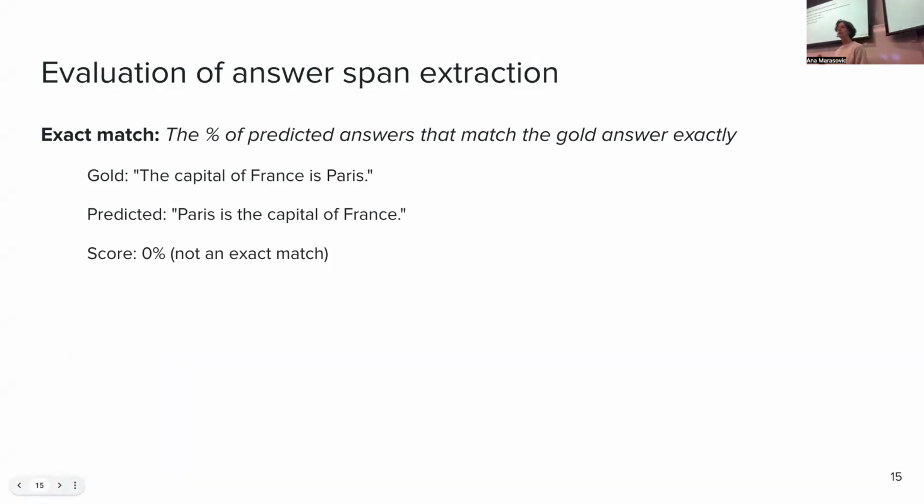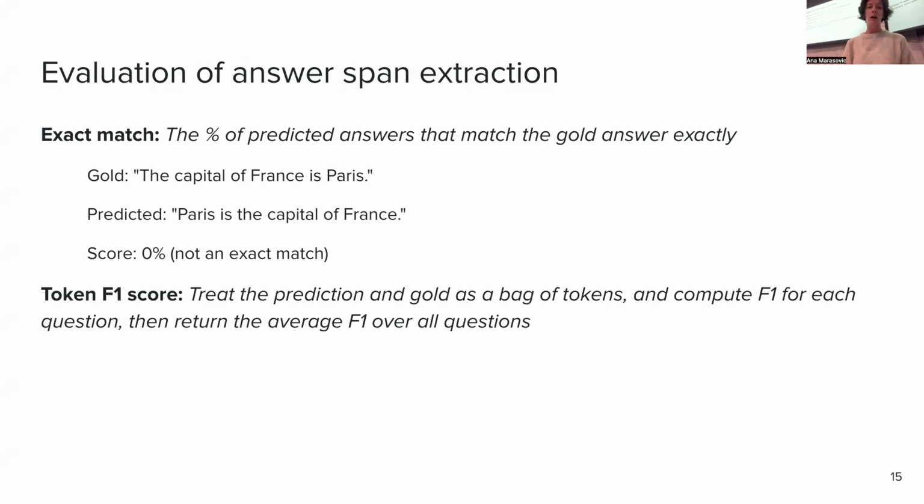So is this good? How do we feel about this metric? Rubbish, right? Too strict. This is why often you will see token F1 score as a way to evaluate answer span extraction. You will treat gold and predicted as a bag of words, and you are going to compute F1 over these two tokenized lists.